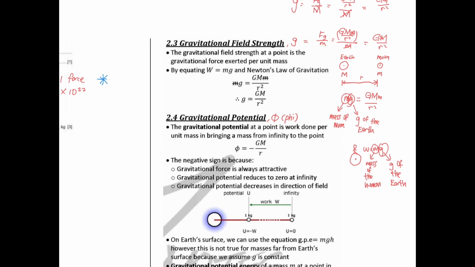The gravitational potential at a point is the work done per unit mass in bringing a mass from infinity to the point. To the point. What point are they talking about? We have to clarify that also.